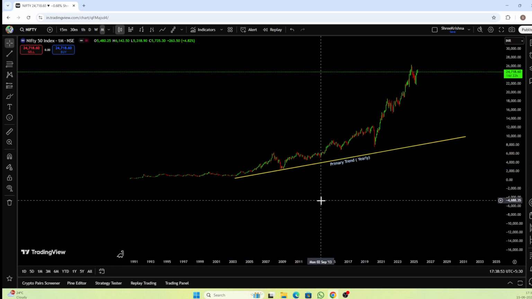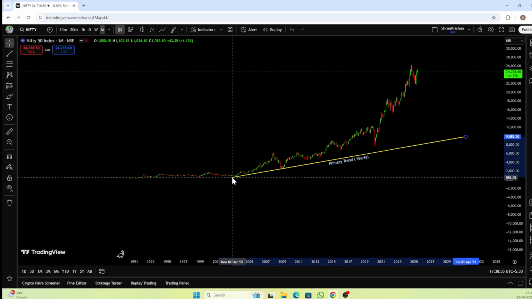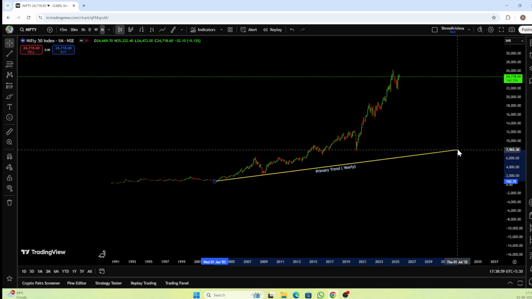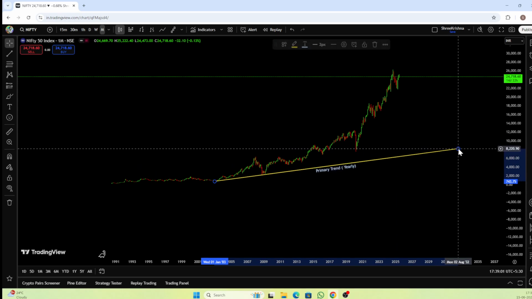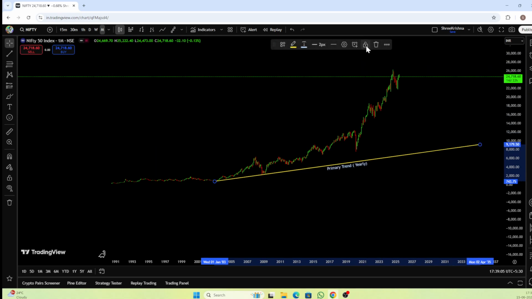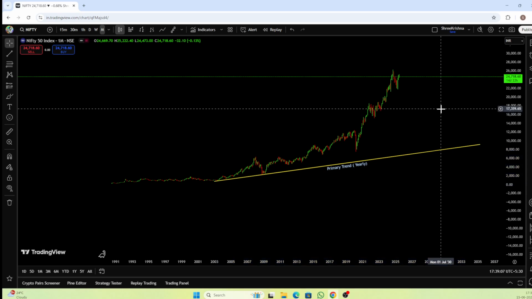What you see here is already a completed trend. Here you can only take advantage of the data, how the data has been printed, and you can understand that.